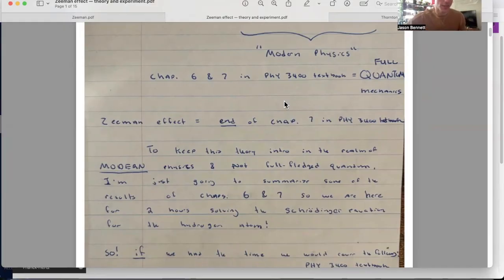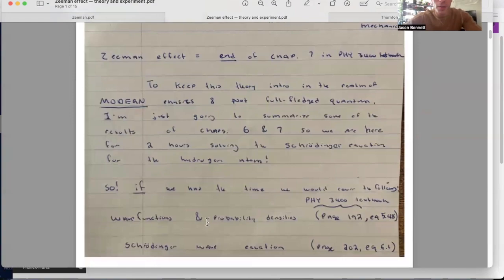Basically, my objective is to summarize some of the equations that we would be completely deriving and figuring out what they all mean, and just kind of show them to you and where they are in the textbook.